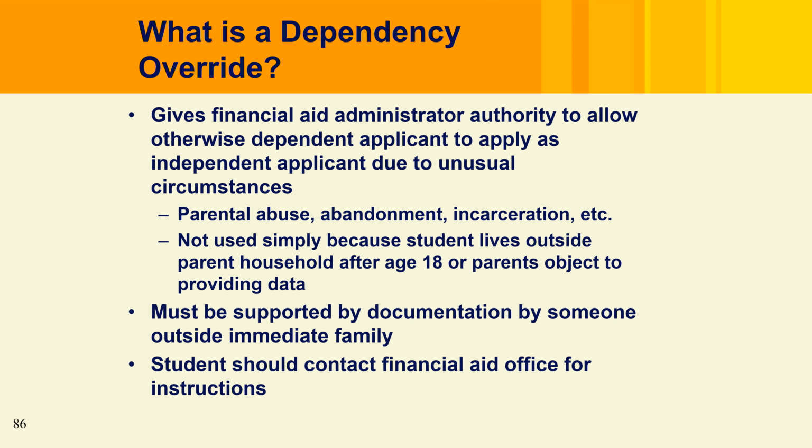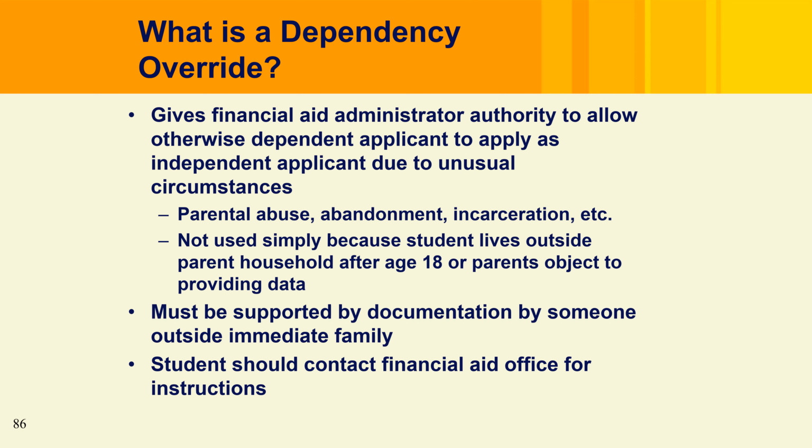Dependency override. Now, while I said students who are single, under the age of 24, without dependents of their own do have to use parents' information, we do understand there is a group of students who, even though they meet those guidelines, are not able to provide parental information due to abuse, neglect, abandonment, or incarceration.